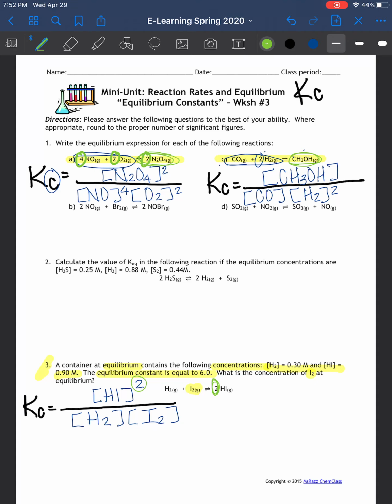Okay. So now that we have our equilibrium expression, we can start filling it in with the actual numerical values. So HI, it tells us, has an equilibrium concentration of 0.90.